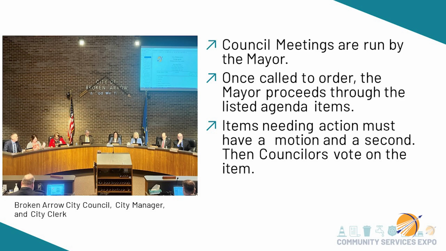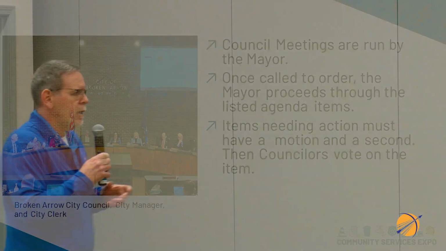Another councilor will second that motion, then they'll take a vote on it. So that's basically how it works from the technical side. Sometimes I get the question, well, it doesn't look like you follow Robert's Rules of Order. Well, that's correct. We don't. We use another parliamentary procedure called Sturgis.